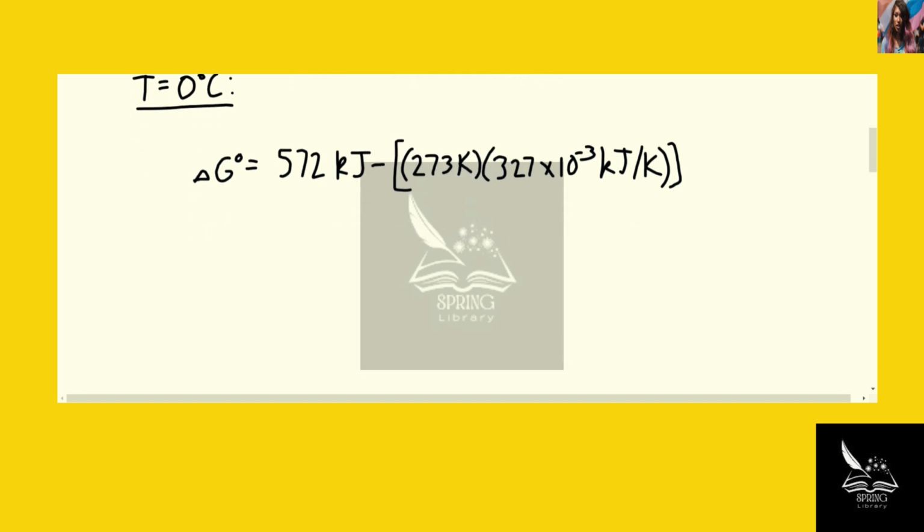And so that comes out to a value for the change in Gibbs free energy at standard conditions at 0 degrees Celsius to be about 483 kilojoules.